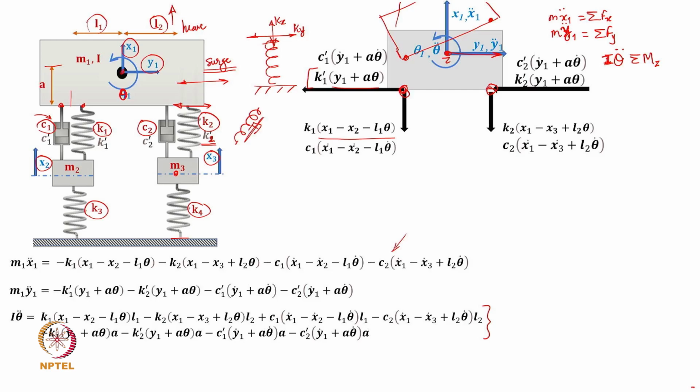In addition, as we discussed, a suspension is physically shown like this. It not only has this vertical stiffness K, maybe I can call this Kx, but it will also resist any lateral motion.